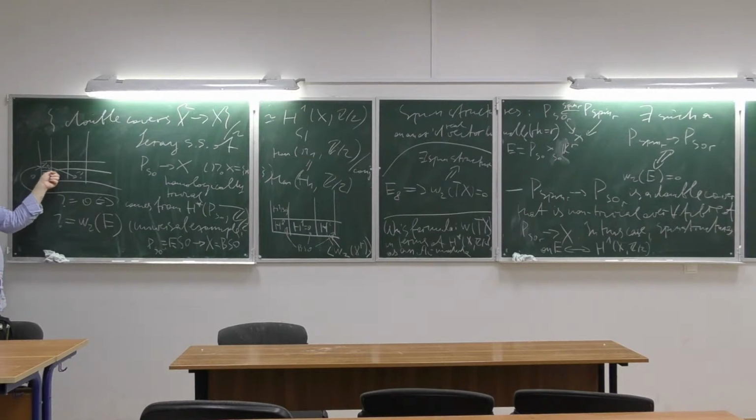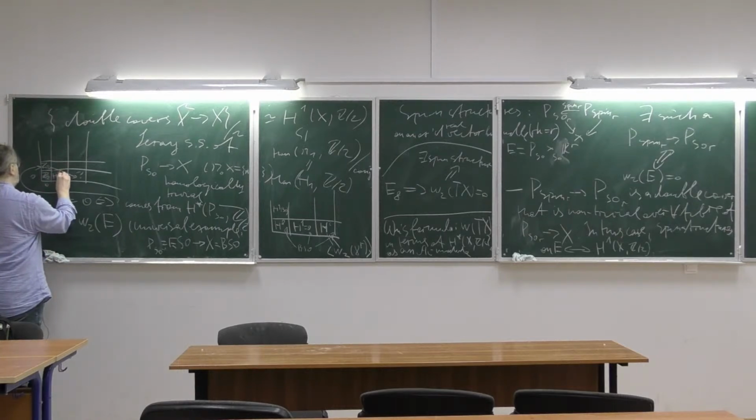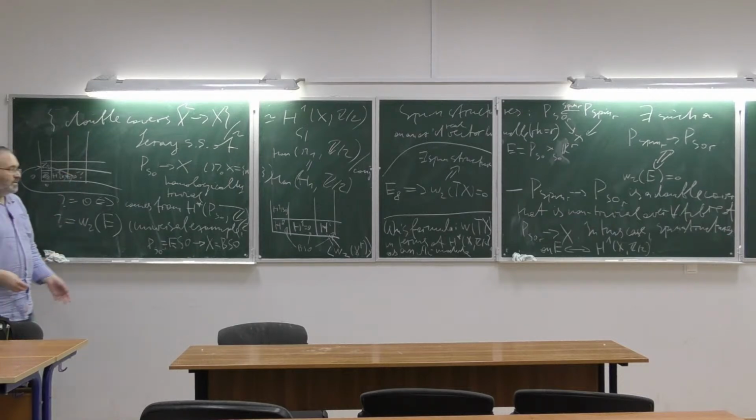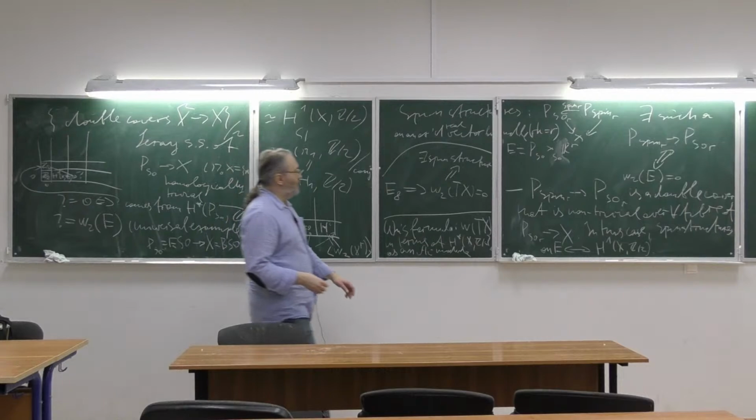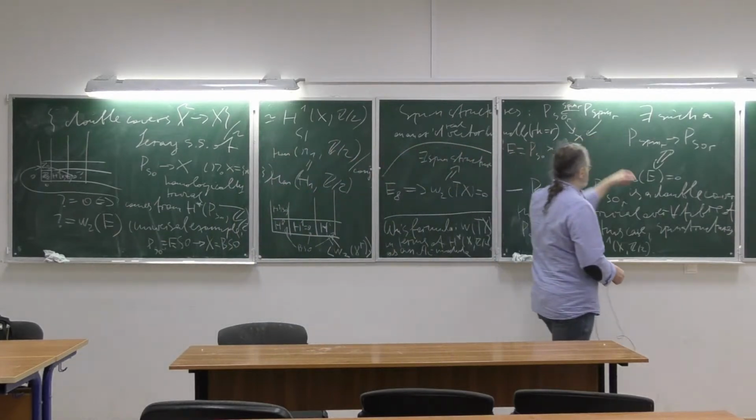Why? Well, because if there is a global class which restricts to this class, then the other classes which restrict to the same class here must come from here. And what do we have here? Here we have the first cohomology group, mod 2. Okay, so we have explained this phenomenon.